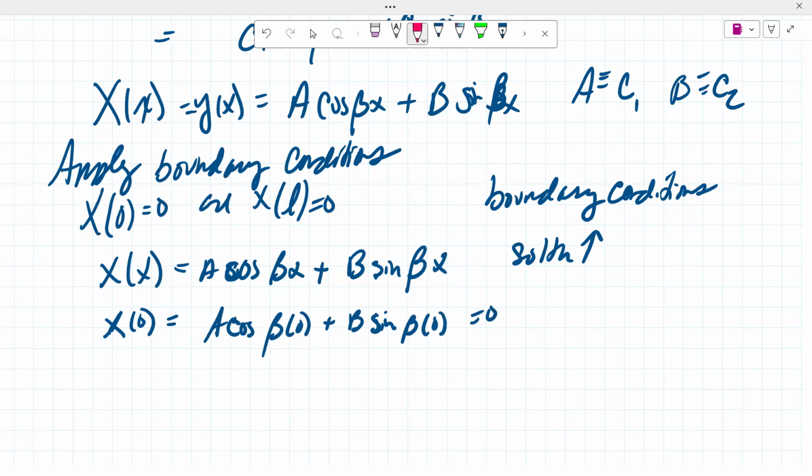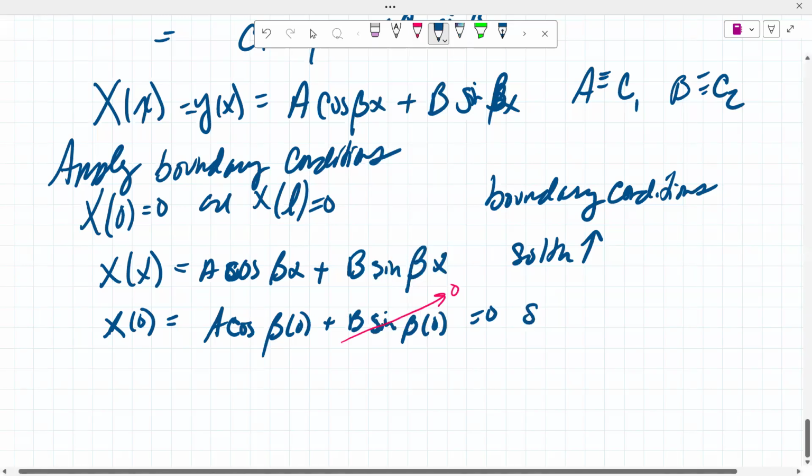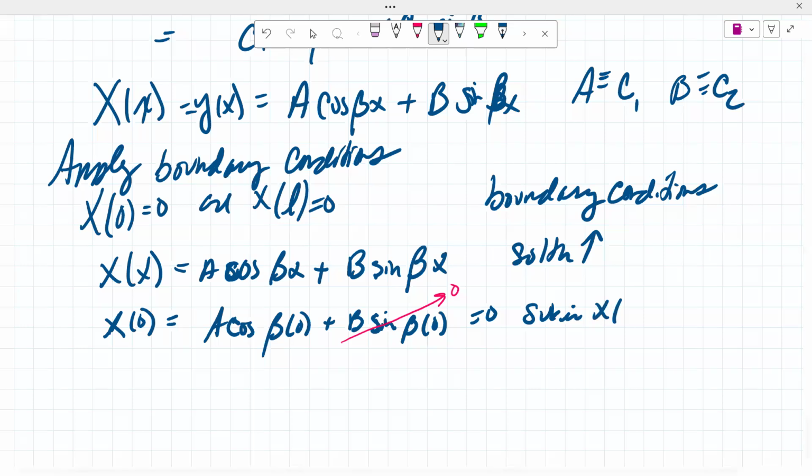Recall that the sine of 0 is 0, so this term goes to 0. This is just subbing in the x of 0 equals 0 bound.